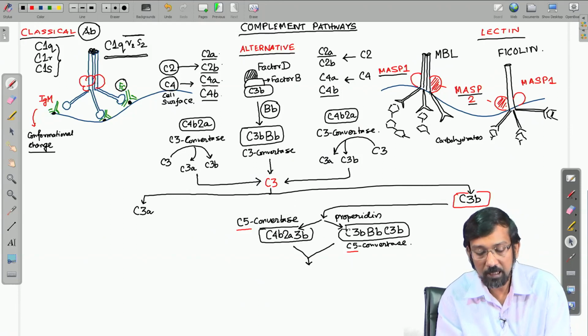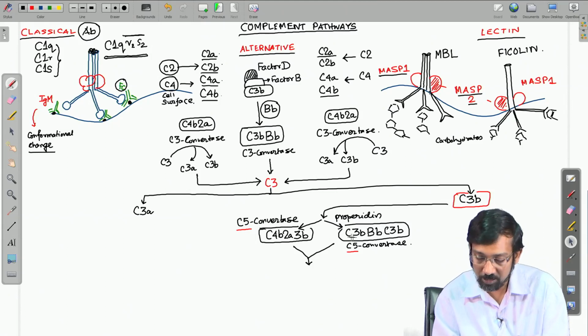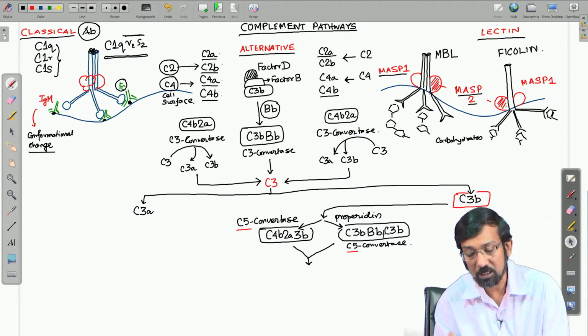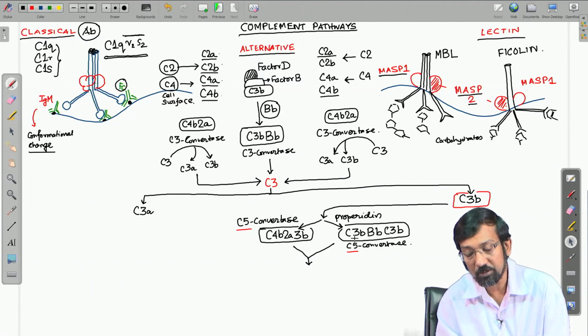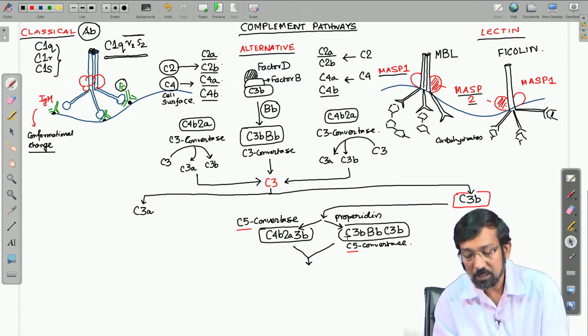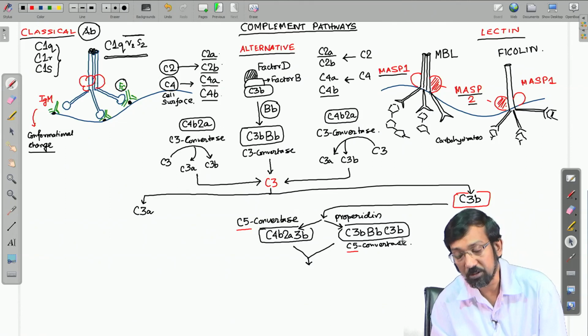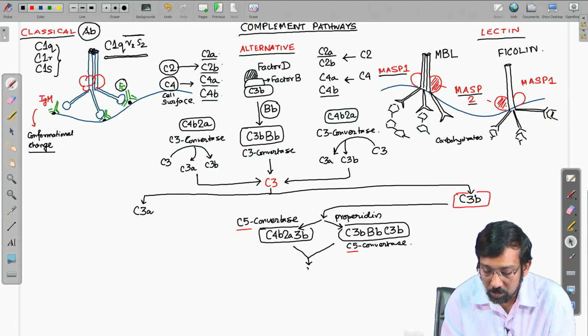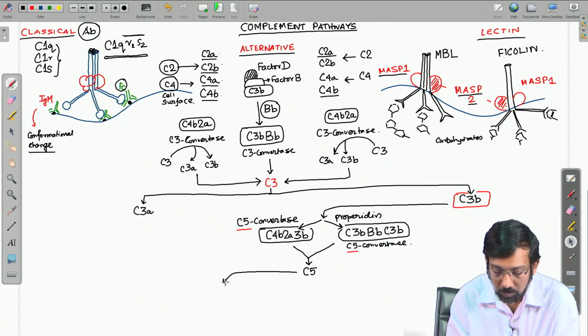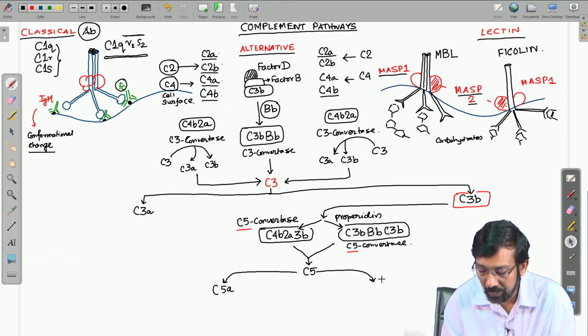Similarly, this C3bBb, which is a product from the alternative pathway, can also, in presence of properdin, associate with another C3b, breaking down another C3 into 3a and 3b, and that C3b can also associate with 3bBb and forms C3bBb3b. So, this is also another C5 convertase. Now, their job is to break down C5 into C5a and C5b.